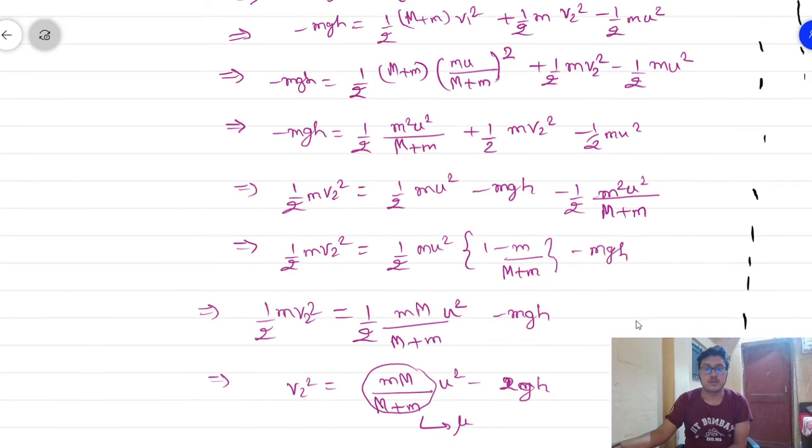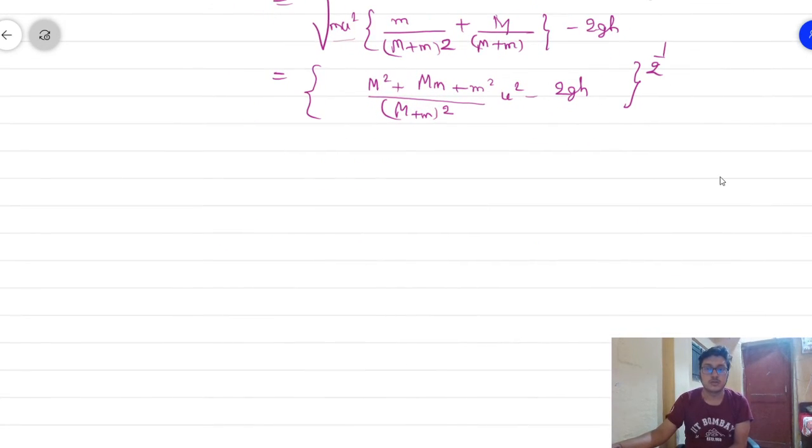Now we are required to find the maximum height above the ground, since it has already reached a height h before leaving the wedge. So after detaching, it only gets the velocity in the upward direction, which is v2, and v1 just vanishes out.